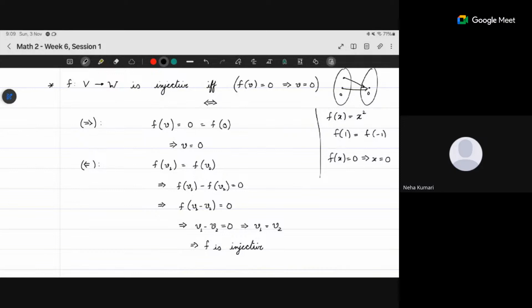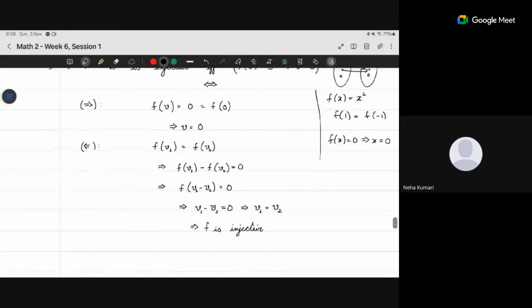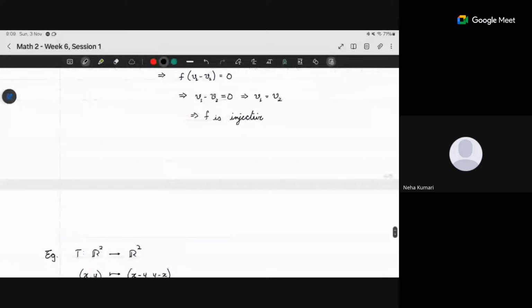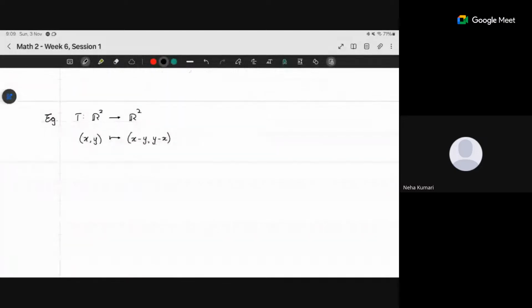Okay. So how to apply that result is this example. This linear transformation, is this injective? No. Why is it not injective?